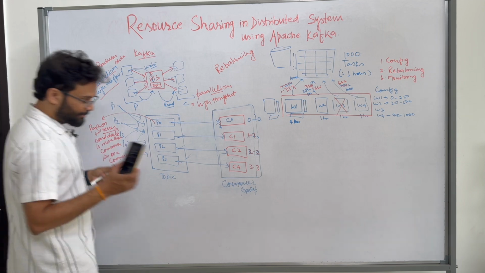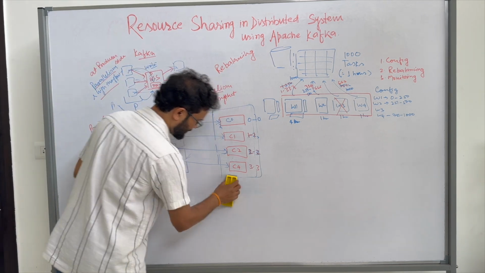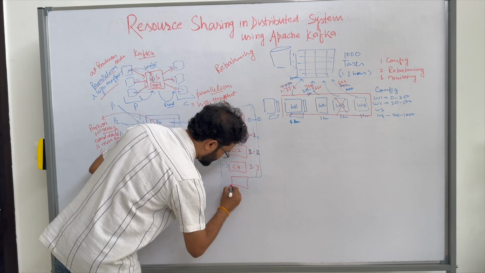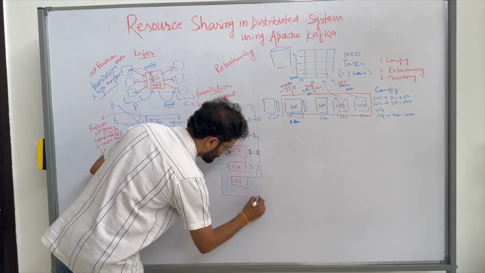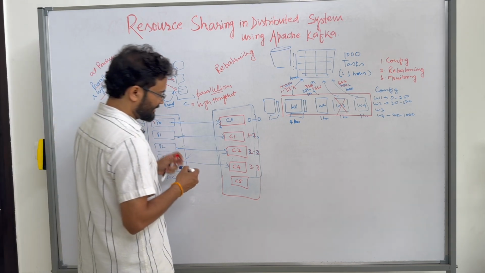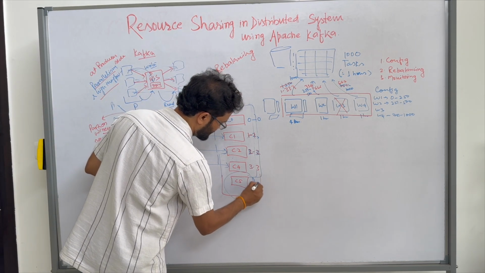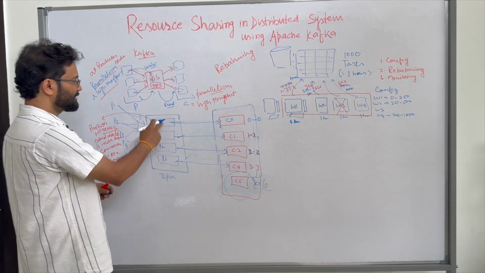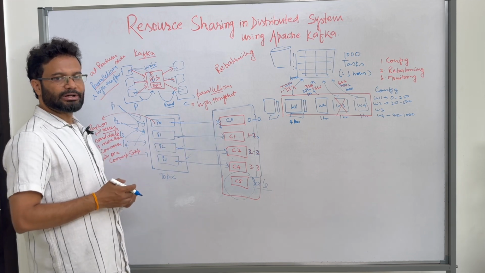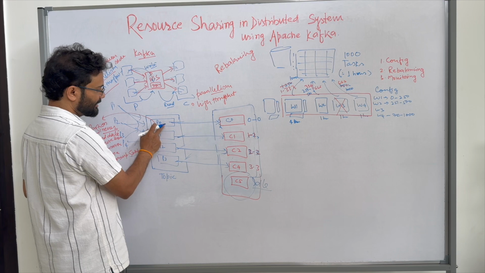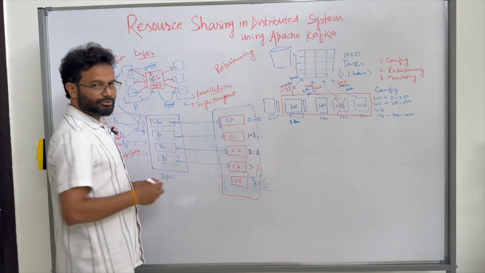Now, a very important thing: if you add one more consumer in the consumer group, what will happen? This one will be sitting idle. It will not receive data because all the partitions are already occupied by consumers, and as per the definition, no partition will give data to more than one consumer.